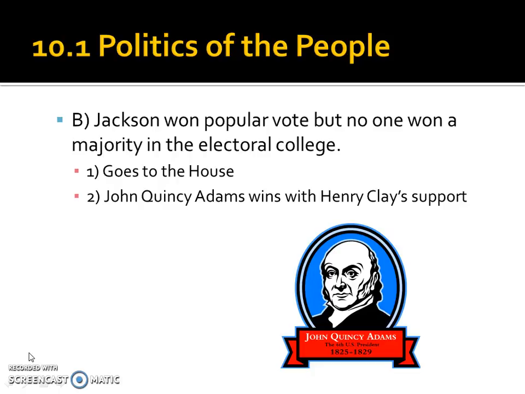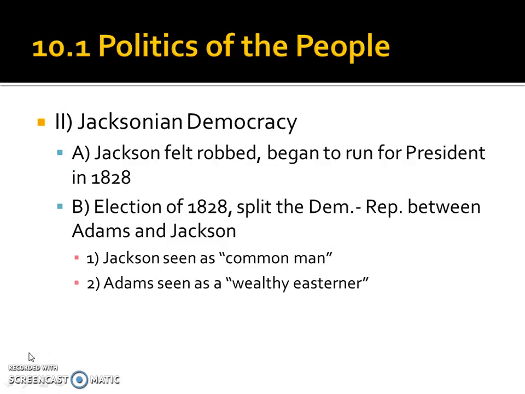So John Quincy Adams, John Adams' son, becomes president number 6 with the help of Henry Clay. And Andrew Jackson feels that he was robbed. He calls this the corrupt bargain, and immediately in 1825 begins running for president in 1828.